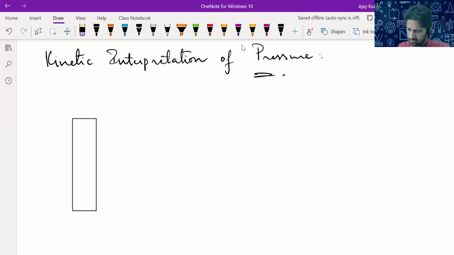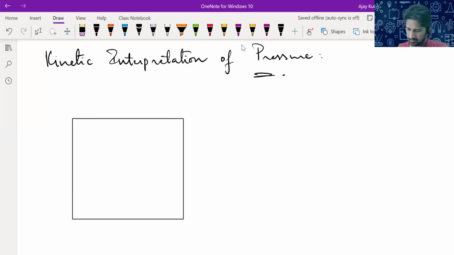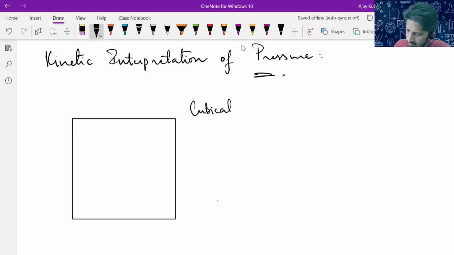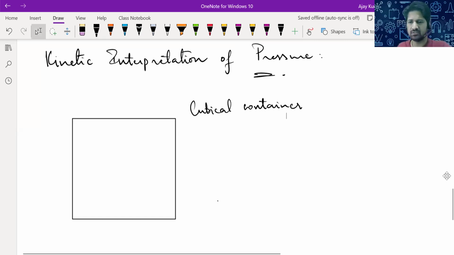First of all, consider a container. Let's assume it's a cubical container. We could have considered a container of any shape, but if it's a cube, the derivation will be easy. So we choose this.